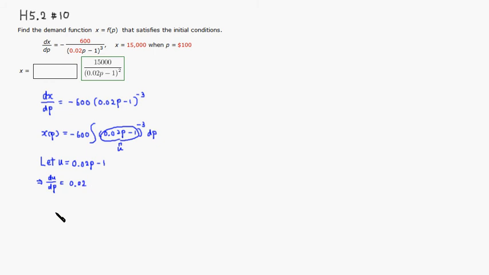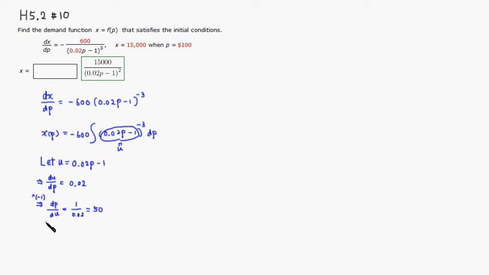Right. So then you can take the derivative of u with respect to p, you will get 0.02. So we're going to solve for dp, so take the reciprocal of both sides, which is the same thing as raising to the negative 1 power, so just upside down. dp over du is equal to 1 over 0.02, which is the same thing as 50.